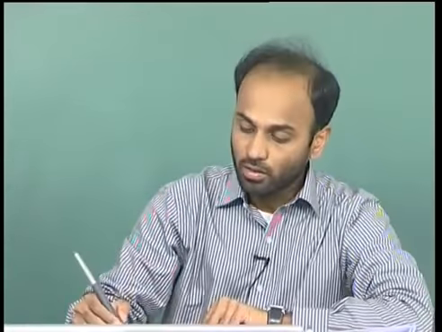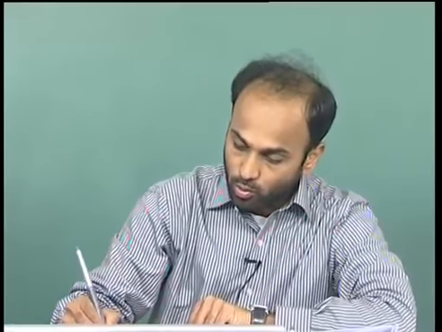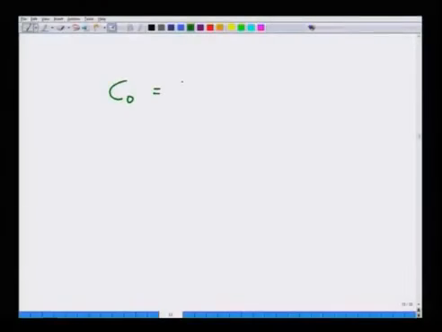Now, let us look at other such spreading codes of length n equals 4. We have looked at two codes. One is C0, which is 1, 1, 1, 1. We have also looked at C1, which is 1, minus 1, minus 1, 1. There are two other such spreading codes.